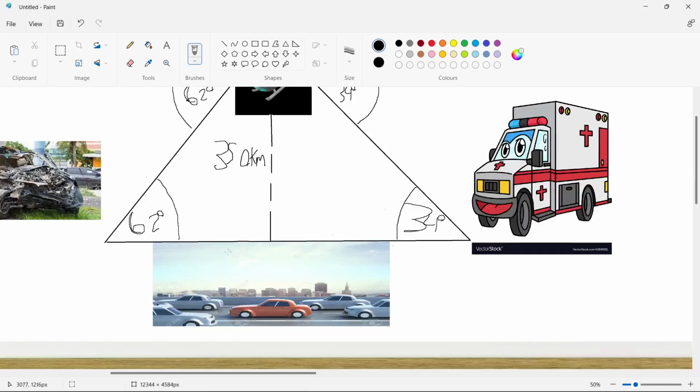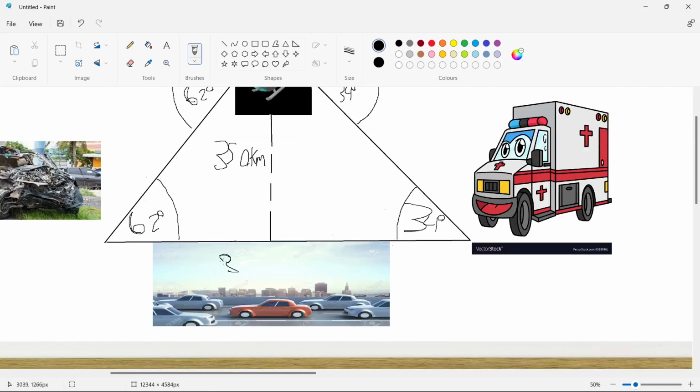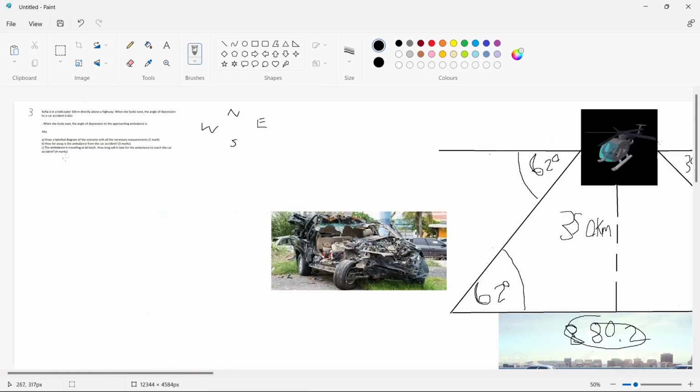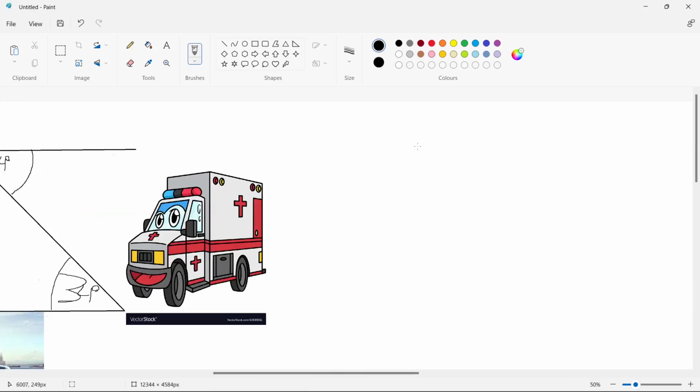So this would be 880.2. Now for question C, the ambulance is traveling at 60 kilometers per hour. How long will it take for the ambulance to reach the car accident?